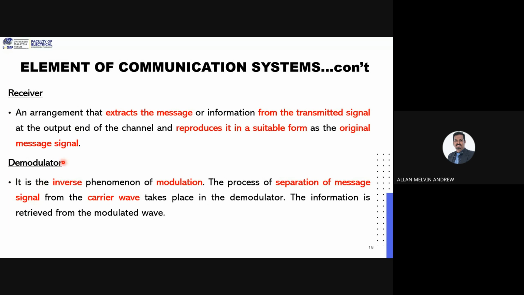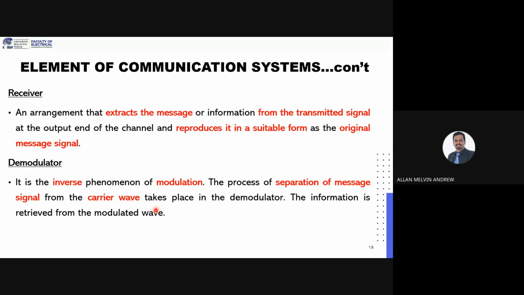Okay. So demodulator I already explained earlier. So it's the inverse phenomenon of modulation. Okay, the process of separation of the message signal from the carrier wave takes place in the demodulator. The information is retrieved from the modulated wave. Okay, so earlier I gave the example of the aeroplane. So you are superimposing yourself with the aeroplane. So you take the aeroplane, you go inside the aeroplane, and you travel together with the aeroplane to Kuala Lumpur.